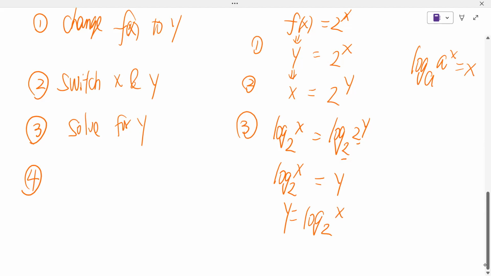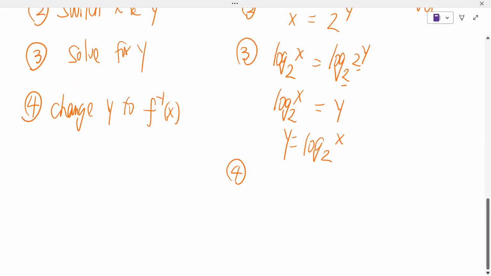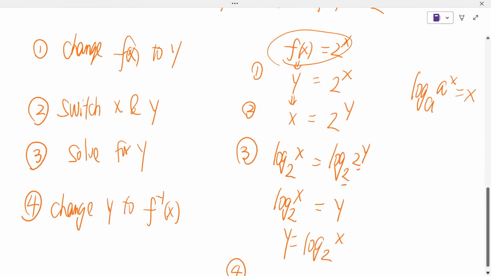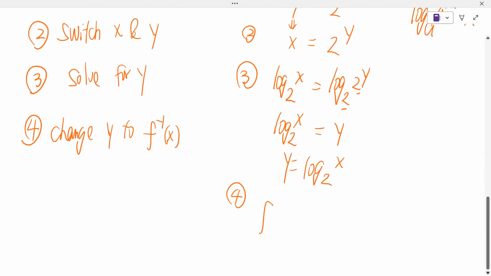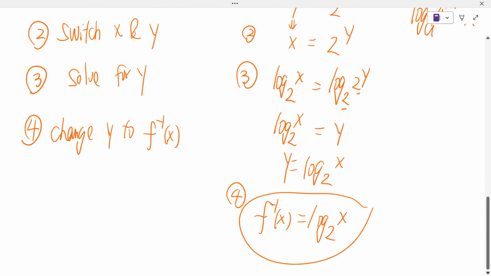Then eventually, last one is change y to inverse notation, f inverse of x. So this is how you show that exponents and logarithms are inverse of each other. Yep. So that's how we find an inverse function.